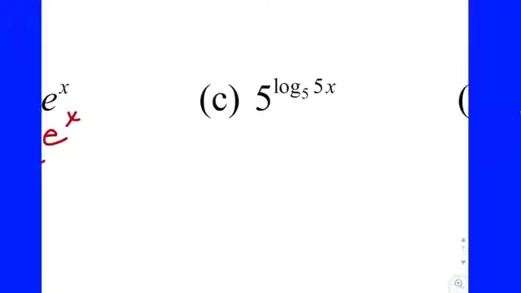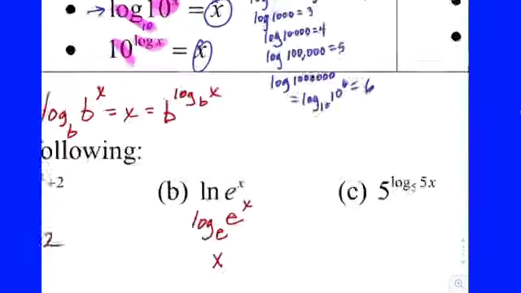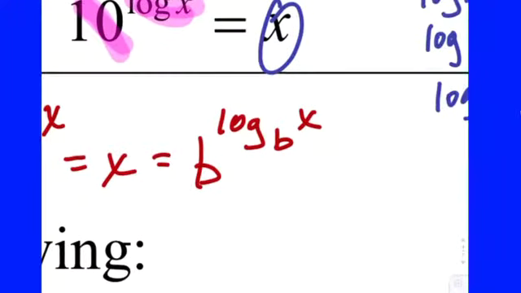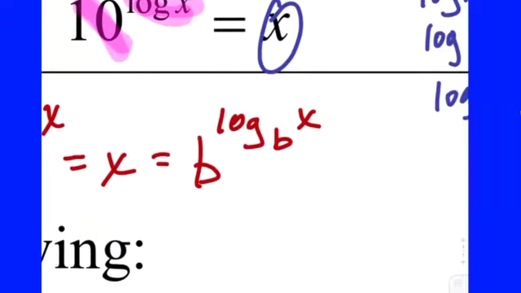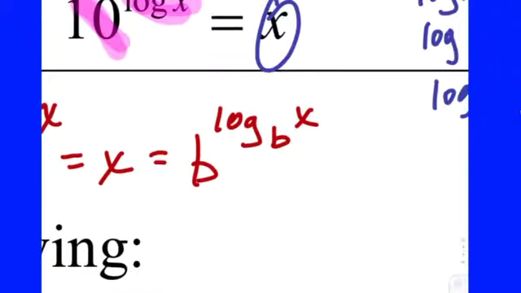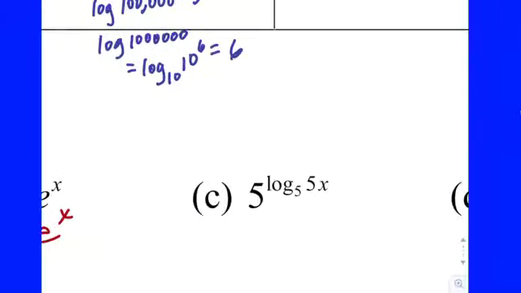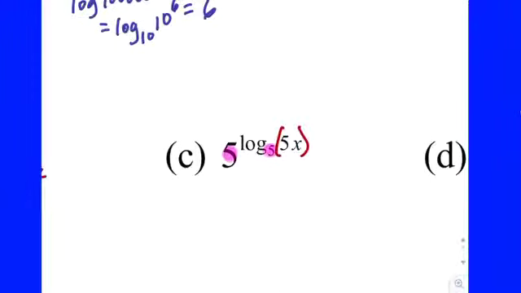What did y'all get for part C? 5? Well, let's see. If we look at this second version, if we have starting with the exponential, b raised to the log base b's power of blob is just blob. So over here we've got 5 raised to the log base 5 of a quantity blob. That should equal what? 5x, the blob.